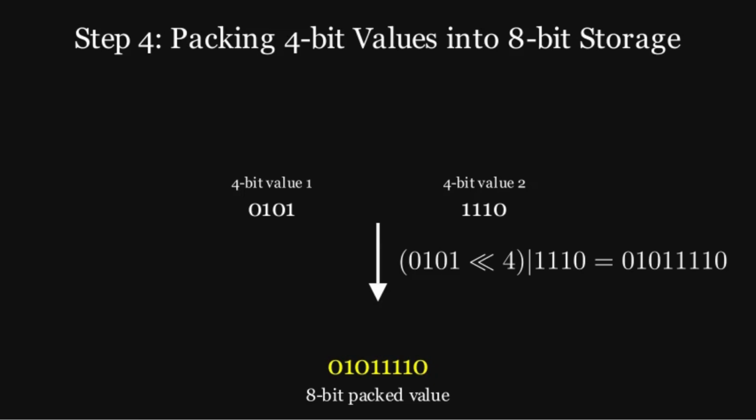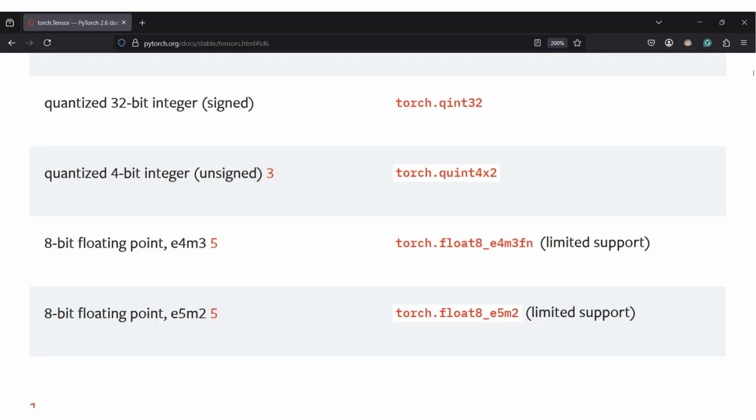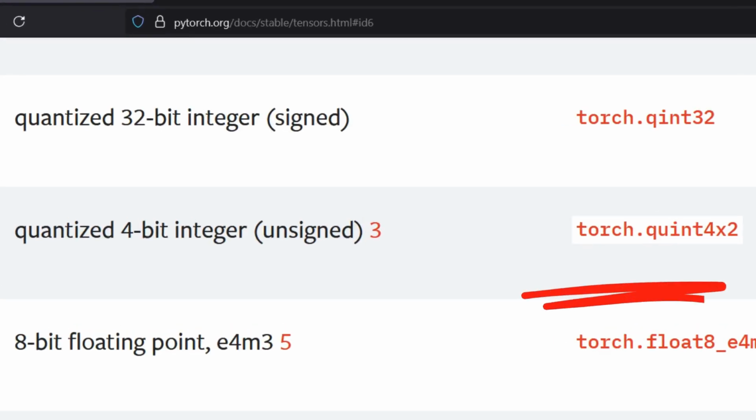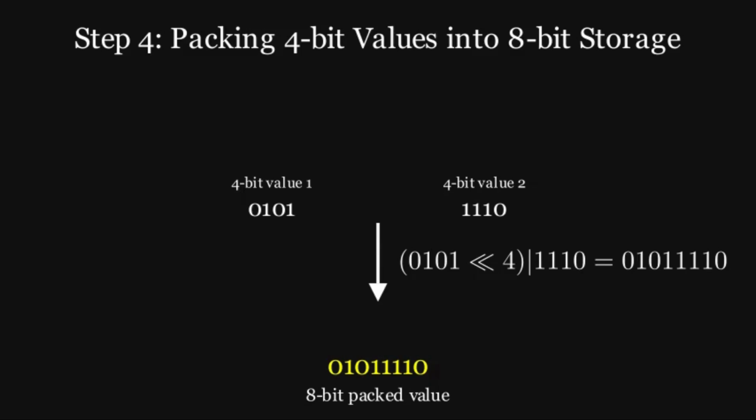The packing operation is exactly what PyTorch's new data type, quantized 4-bit integers, torch.quint4x2, does as well. You can see it in the documentation.